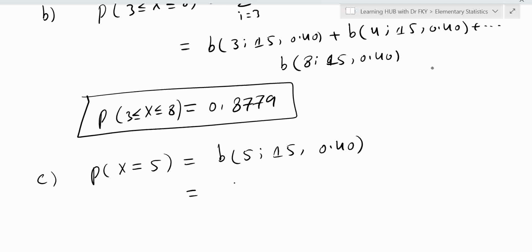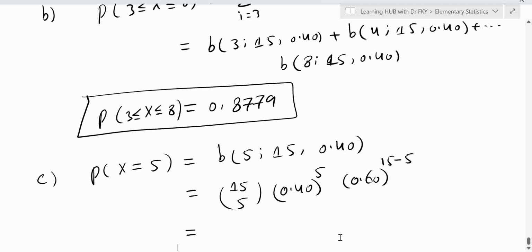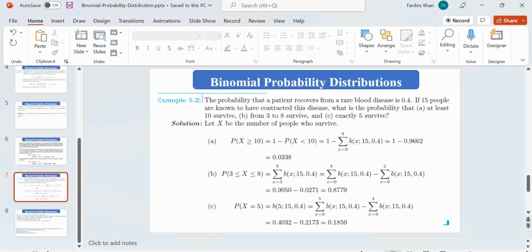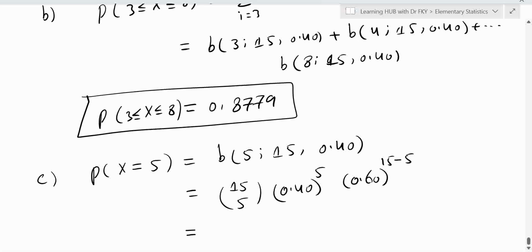So this means that n is 15, binomial distribution, C(15,5) times 0.40 to the power 5, and q is 0.60 to the power 15 minus 5. So you can simplify this and you get the value for this probability, 0.1859. Probability of exactly 5 recoveries.